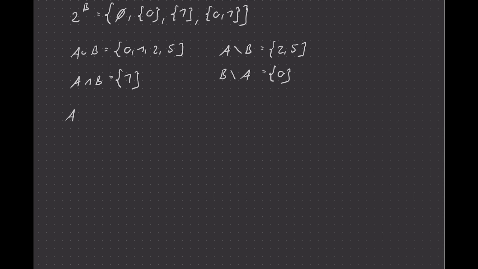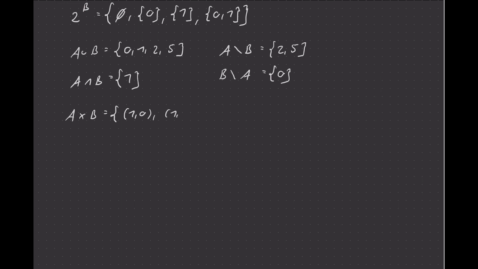So if you were to compute A times B, for example, remember A consists of 1, 2, 5. B consists of 0 and 1. So this consists of all tuples where the first element is taken from A. So for example, we could take 1, and the second is from B, so we could take 0.